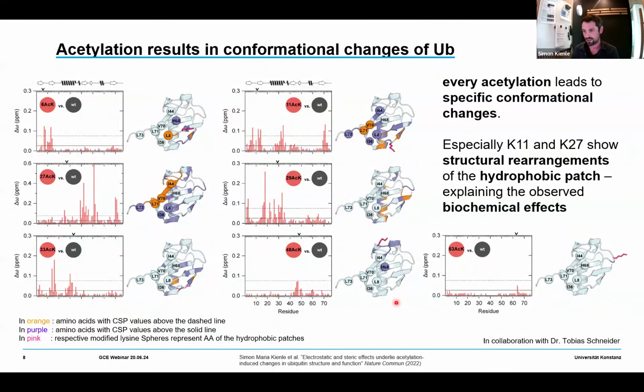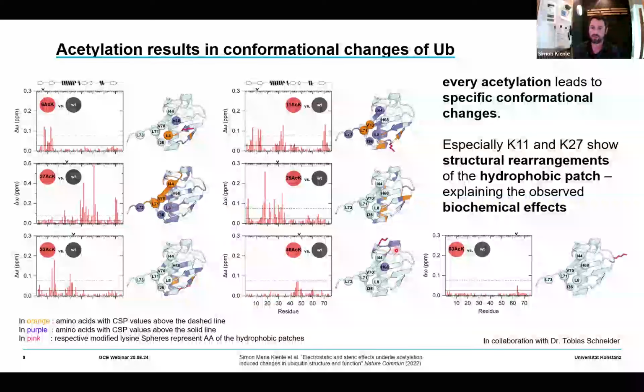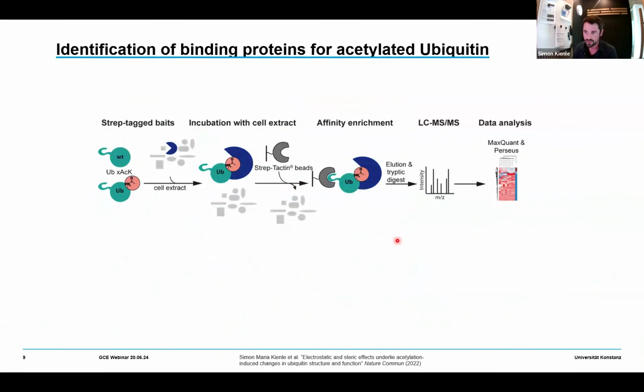And first, we asked ourselves, is this biologically relevant? If so, then we would see differences in the binding of ubiquitin binding proteins to those acetylated ubiquitin variants. So we next performed affinity enrichment experiments.